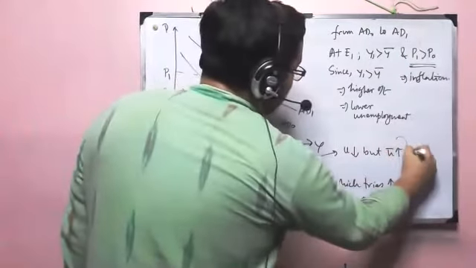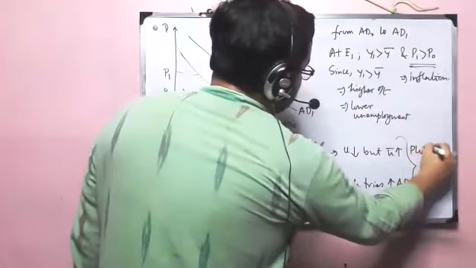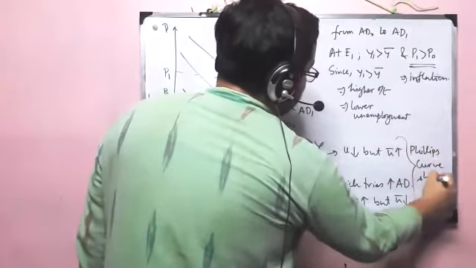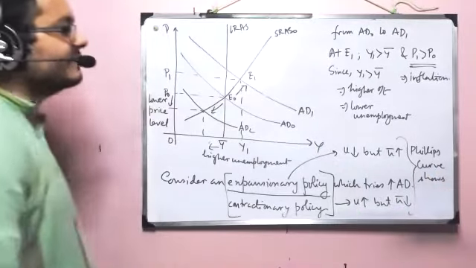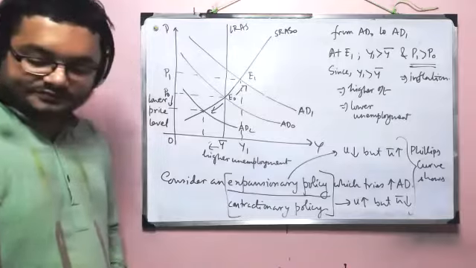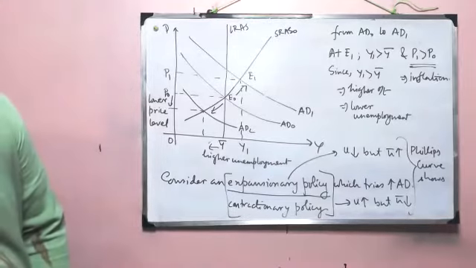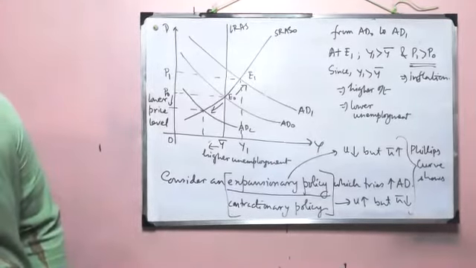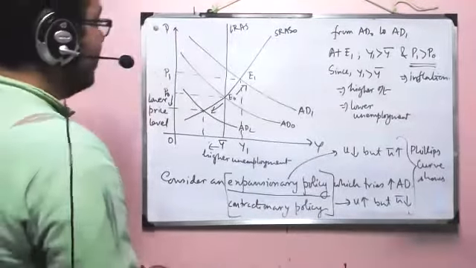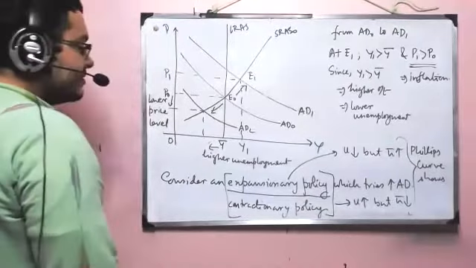This is the trade-off that the Phillips curve shows us. So when we are studying the Phillips curve, this is the trade-off that we are looking at. Now we are going to go back to a little bit of the first generation of the Phillips curve and so on.